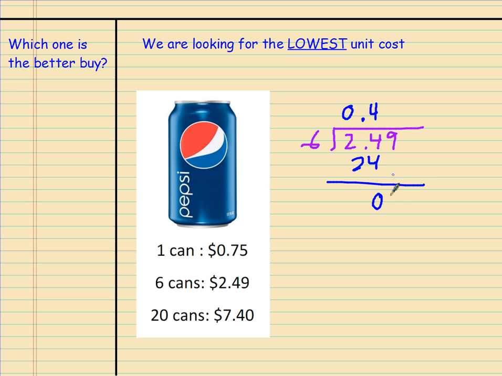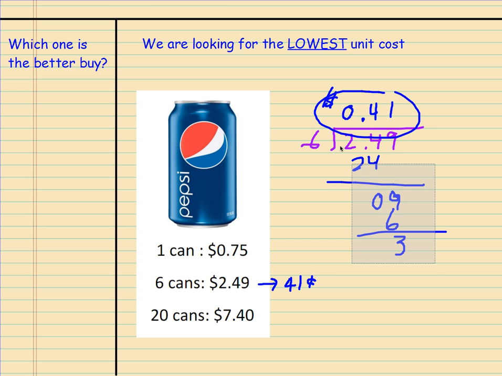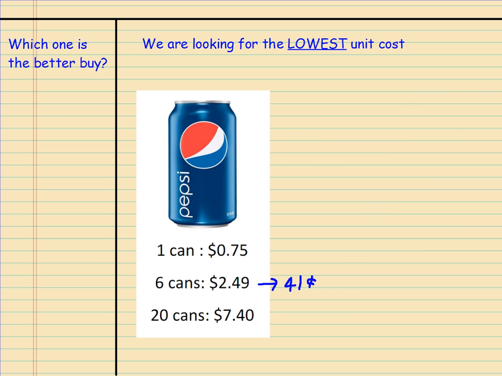This is 0. Bring down the 9. 6 goes into 9 once. And there's a little bit of remainder, but let's not worry about it because we have our pretty good estimate. This is about 41 cents. So 6 cans is about 41 cents per can if you buy 6 at a time. So let's move this one aside.